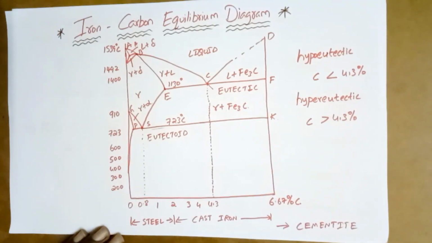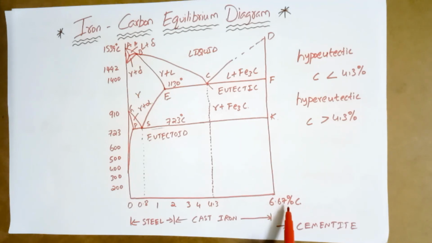So what we are showing in this iron carbon phase diagram, in conclusion, is that at 6.67% carbon, the microstructure is 100% cementite.